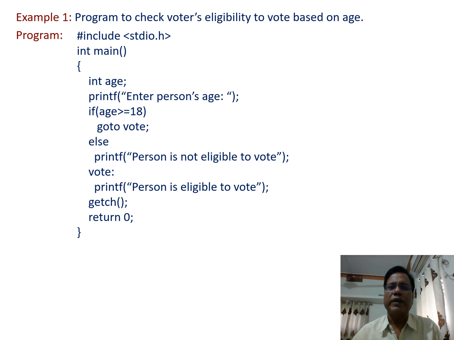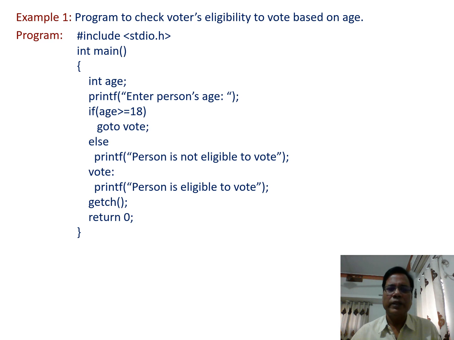The next statement prints enter person's age on the output screen. Then there is a condition: if age is greater than or equal to 18, goto out. Here we write goto out. So out is the label. Wherever this out is written, control is transferred to that point.